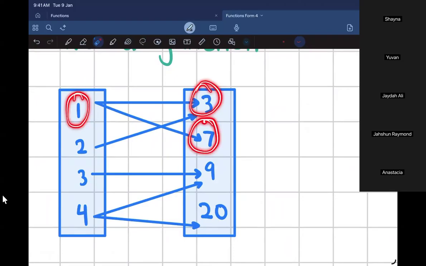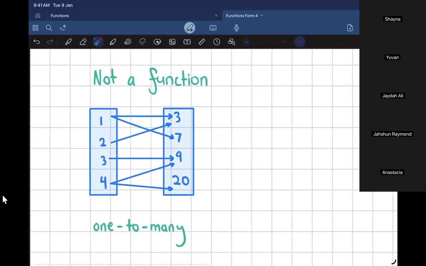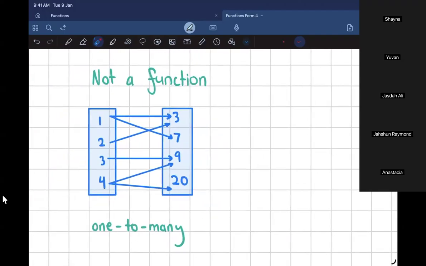No, sir. So anytime you see one element being mapped onto many, that's not a function. Again, if you put 4 into a function, you could only get one value. But in this diagram, it's saying you could get 9 and 20. That doesn't make sense. So one-to-many is not an example of a function.